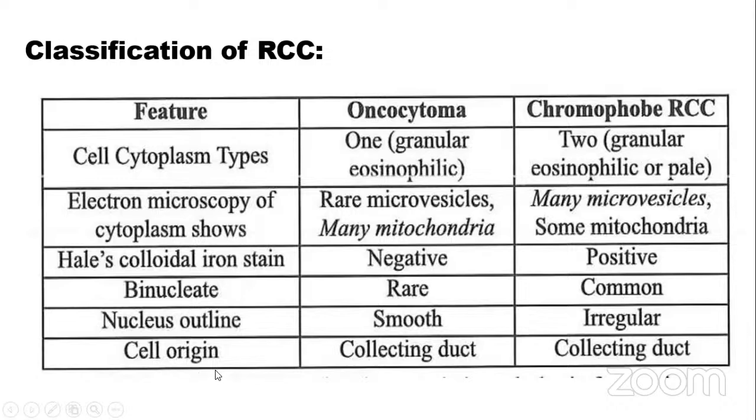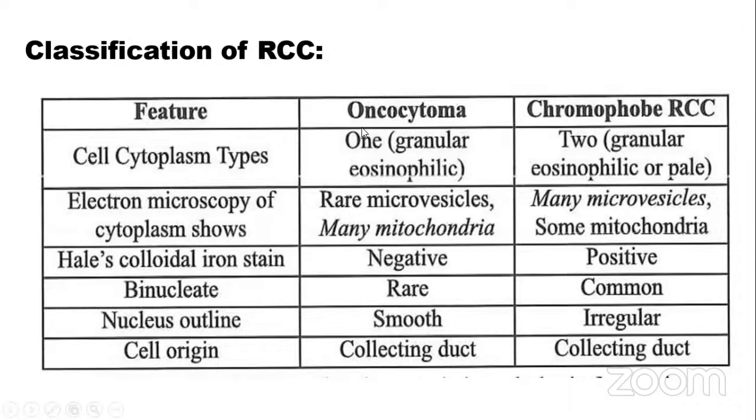The cell origin in oncocytoma is the collecting duct, and in chromophobe RCC it is also the collecting duct. I hope this classification feature for oncocytoma and chromophobe RCC is clear.